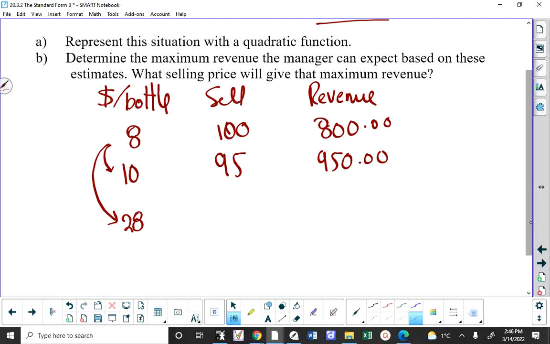So I want you to see if you can figure out how many people I lose when I bump the price up $20. I think I lose 50, don't I? Because $20 is 1, 2, 3, 4, 5, 6, 7, 8, 9, 10. I lose 5, 10, 15, 20, 25, 30, 35, 40, 45. I lose 50 people. Out of 100, I've only got 50 loyal customers left.